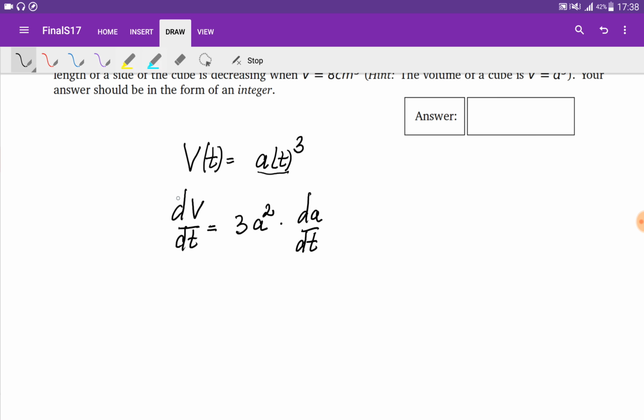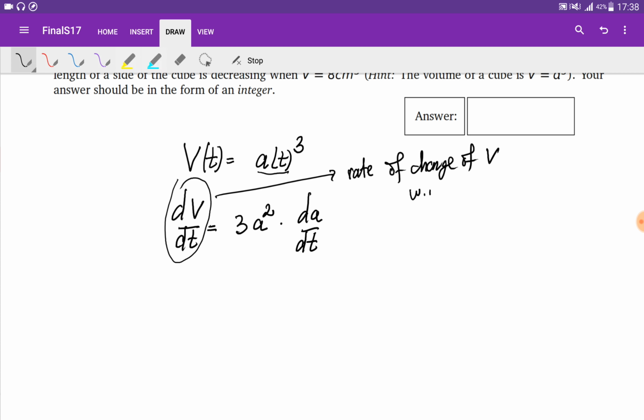So at the same time, the meaning of this ratio is the rate of change of the volume with respect to time, and the meaning of this term is the rate of change of the side of a cube with respect to time.